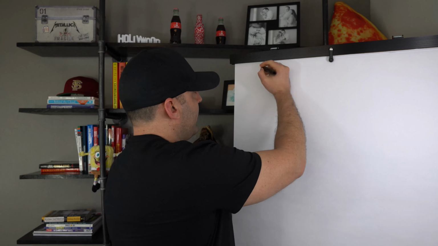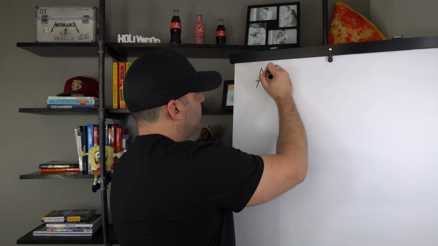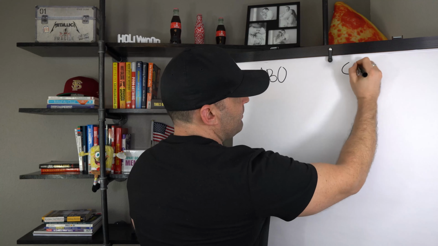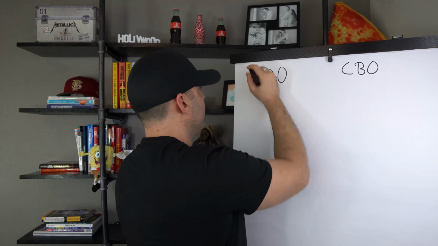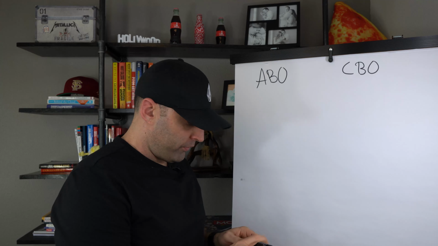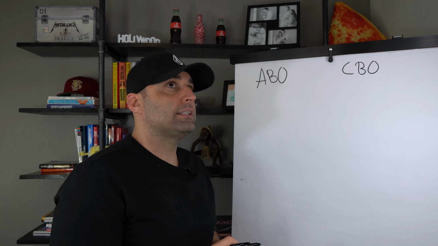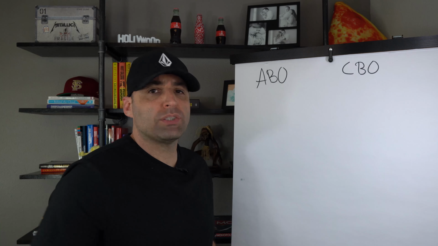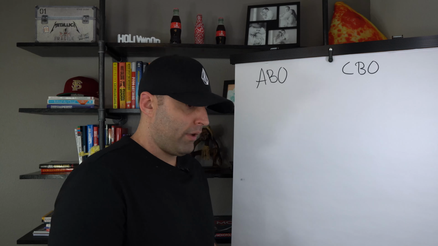So you got ABO, and you got CBO, okay? So CBO was supposed to roll out September of 2019, and it got delayed because it wasn't perfect yet, okay?